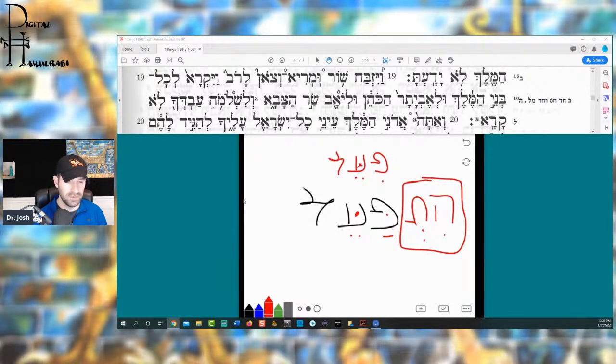Theoretically, there'd be a double middle radical there. And of course, this, because that's an ayin, doesn't have one. But hitpa'el, that's the reflexive. Johnny hit himself. The subject is receiving the action of the verb. It's doing it and it's receiving it. So the hitpa'el will often do that.